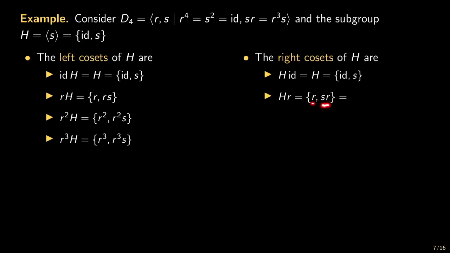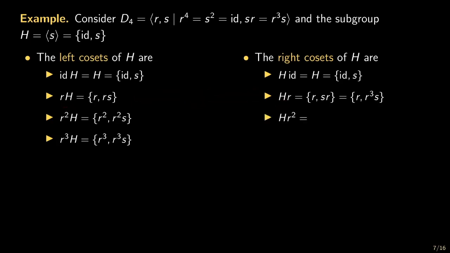R, SR. But what is SR equal to? R cubed S. So, as you can see, si HR tsaka si RH ay magkaiba. Diba? Ito HR, ito red horse. Hindi, joke lang. RH. Diba?